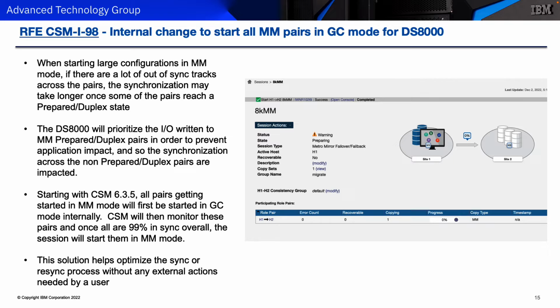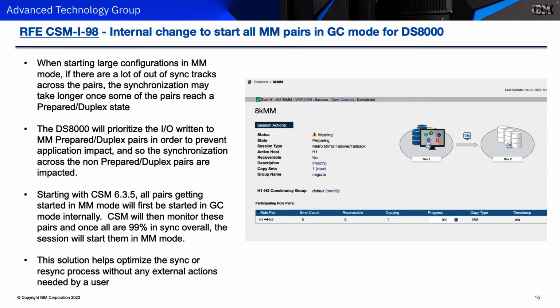When you start a CSM session in Metro Mirror mode previously, we established those pairs in Metro Mirror on the hardware. This is either on initial synchronization or resynchronization. If there are a lot of out of sync tracks for a given pair, it may take a while to finally copy over all that data to the secondary, right?